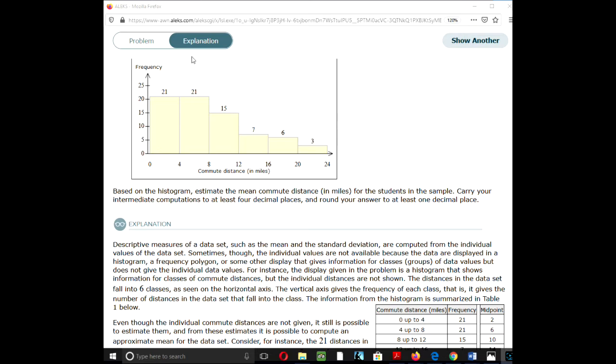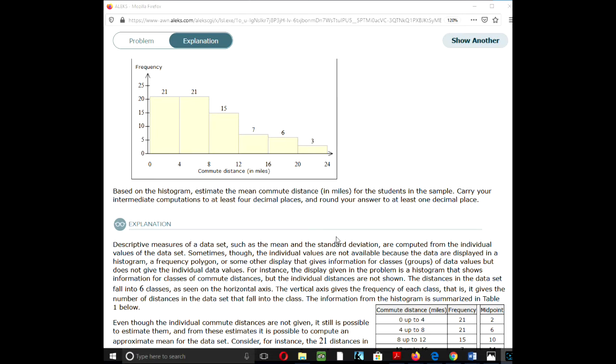So here you can see the histogram, and the commute distance: 0 to 4, 4 to 8, 8 to 12, 12 to 16, 16 to 20, and 20 to 24 miles to school. They do not give us the exact mileage that the students travel.